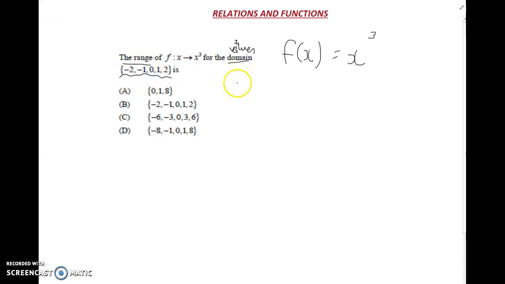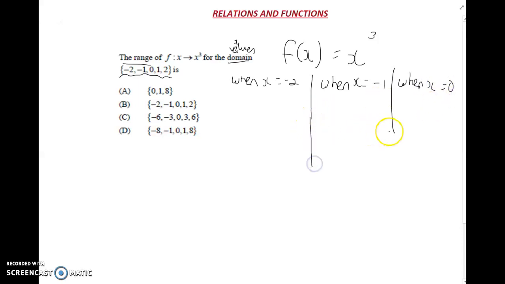Basically, you're going to work out for when x is negative 2, when x is negative 1, when x is 0, when x is 1 and when x is 2.